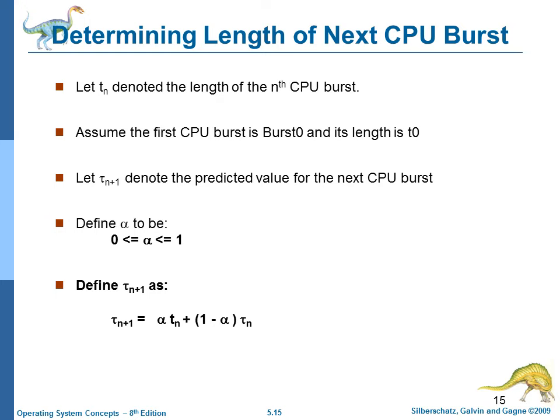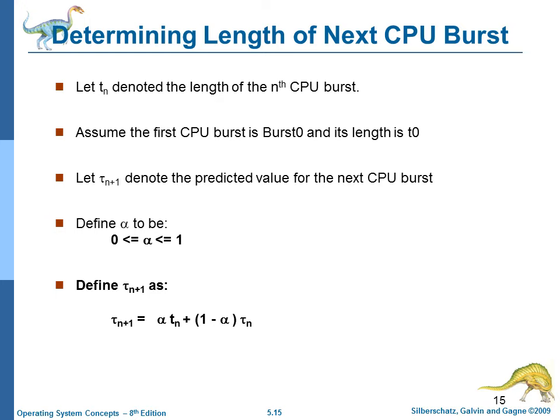This means that the previous estimate contains the history of all previous times, and alpha serves as a weighting factor for the relative importance of recent data versus past history.